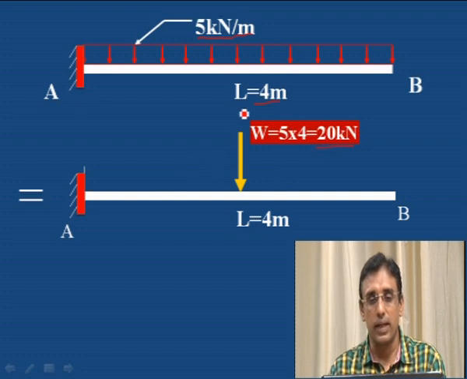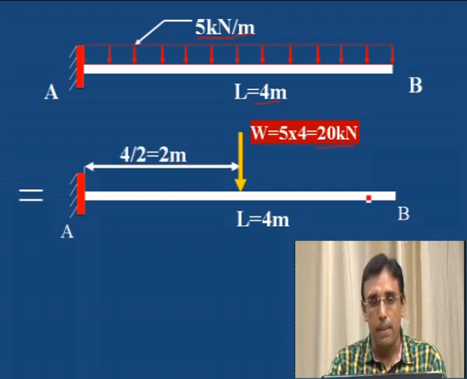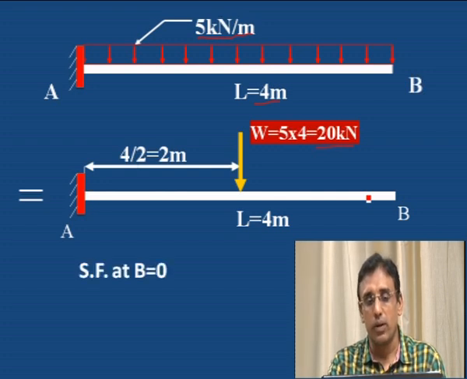That is, it exactly acts at the center. 4 meter means half is 2 meter, 2 meter from A or 2 meter from B. See, 4 divided by 2, it is 2 meter from the fixed end. Okay, whenever a UDL is given, its concentration will be at the center of its length, whatever the length.